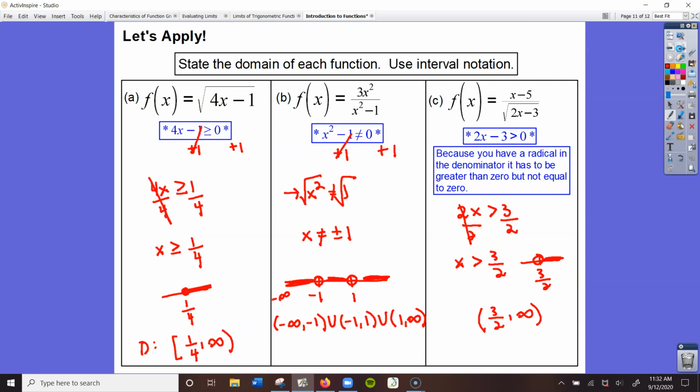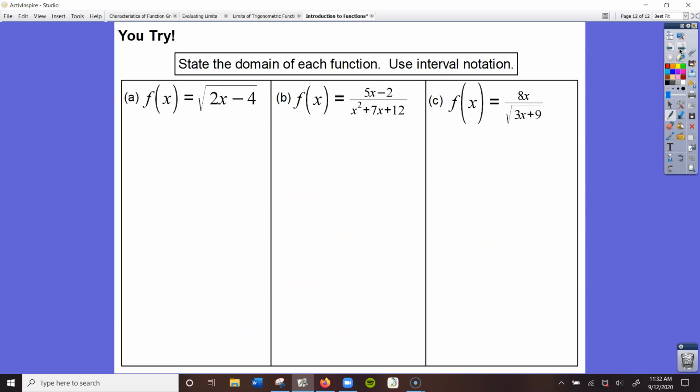Now we're just going to practice that one more time with these other examples. For a, we have a radical function. And remember that with radical functions, the rule is that the inside of the radical cannot be less than 0. So I am going to take that radical, 2x minus 4, and make it greater than or equal to 0. Now I'm going to go ahead and solve for x.